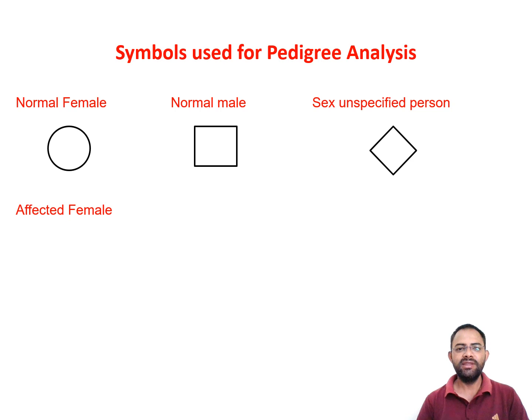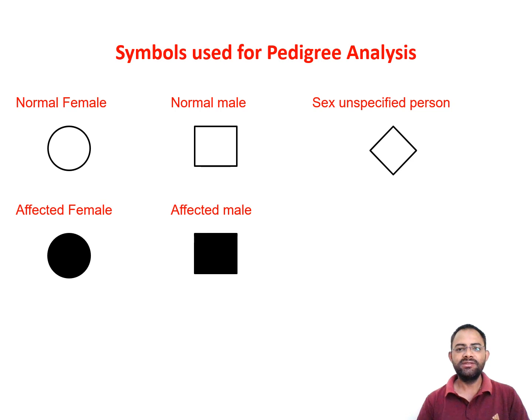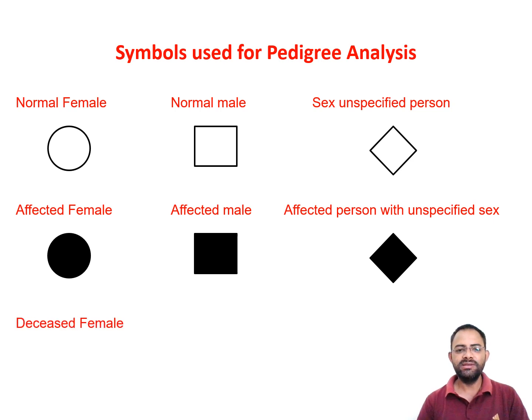On the other hand, affected females are always represented by a shaded or darkened circle, and affected males are represented by a shaded or darkened square, whereas an affected person with unspecified sex is represented by a shaded diamond structure. Deceased females are represented by a circle crossed with an oblique line, and deceased males are represented by a square crossed with an oblique line.